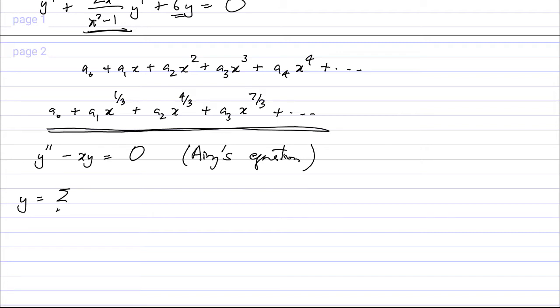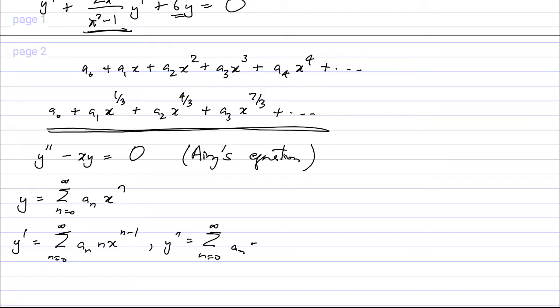So I write down this, then I say y prime is equal to the sum from n equal to 0 to infinity of n a_n x raised to power n minus 1, and then y double prime is equal to the sum from n equal to 0 to infinity of n(n minus 1) a_n x raised to power n minus 2.